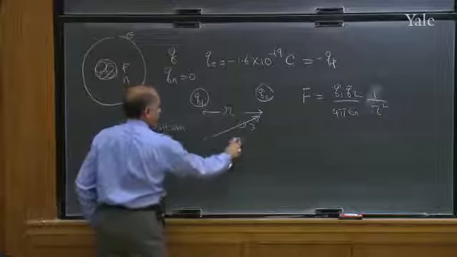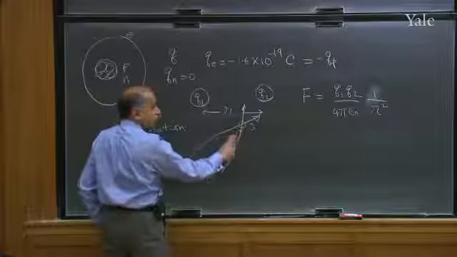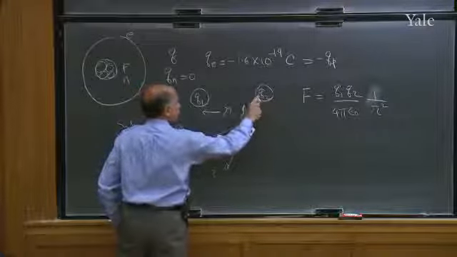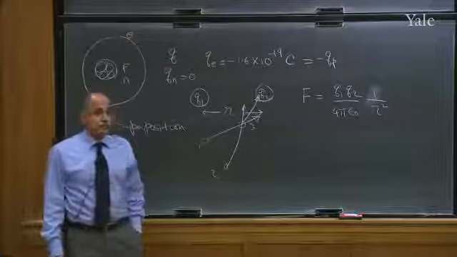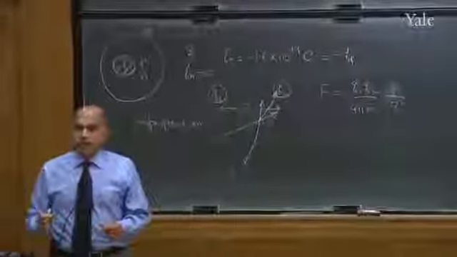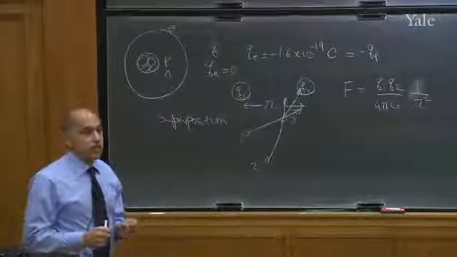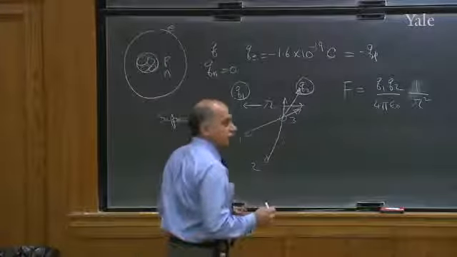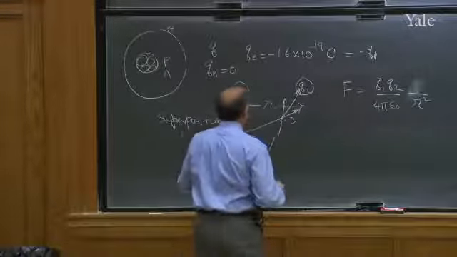You can find the force that 2 would exert. They are 2 vectors, and you can add the 2 vectors to get the net force. In other words, the interaction between pairs of charges is insensitive to the presence of any other charges. They go about their business exactly the same way.